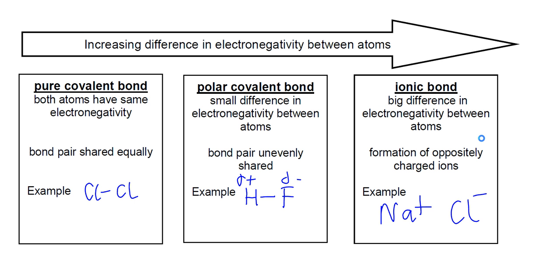So it's almost as if in sodium chloride, you think we could try and draw a covalent bond. We know that that's not the case. That doesn't happen. But if we try to draw a covalent bond, the difference in electronegativity between sodium and chlorine is so great that the bond pair is entirely pulled off and away from the sodium and moves entirely onto the chlorine to make the chloride ion. The bond pair are stuck entirely to the chlorine, making a chloride ion. There's no sharing of that bond pair.